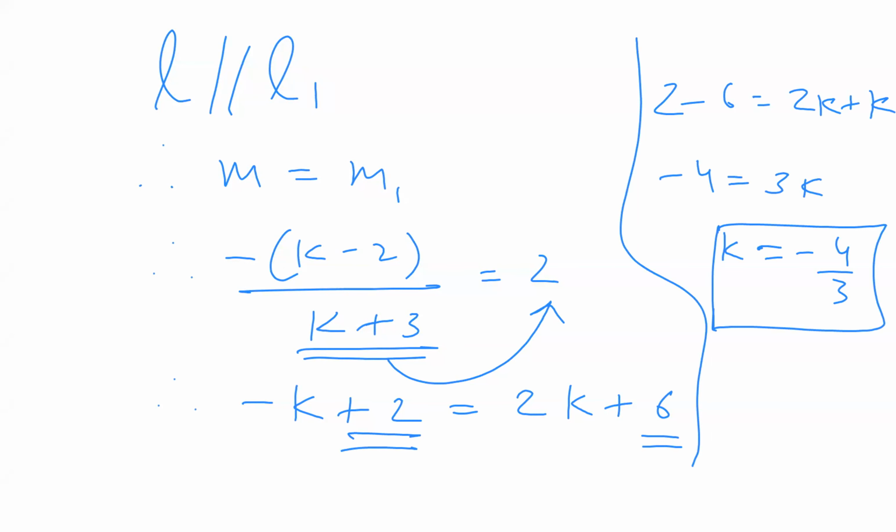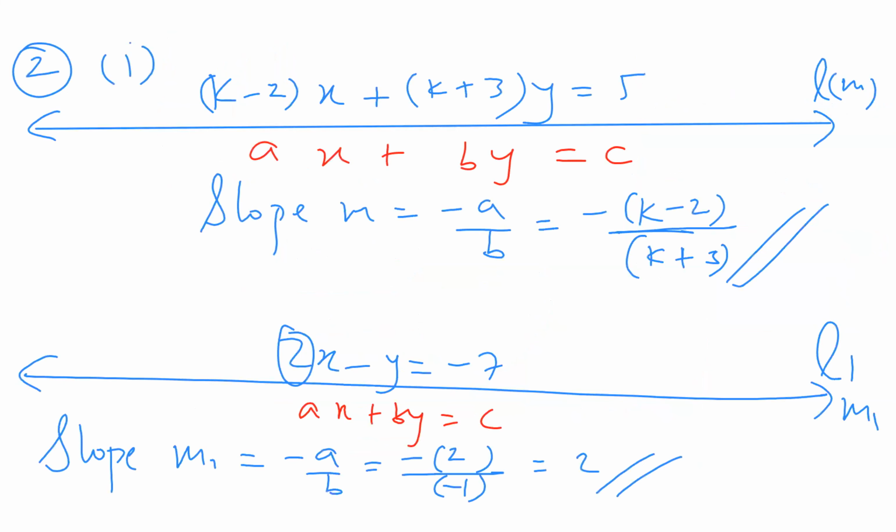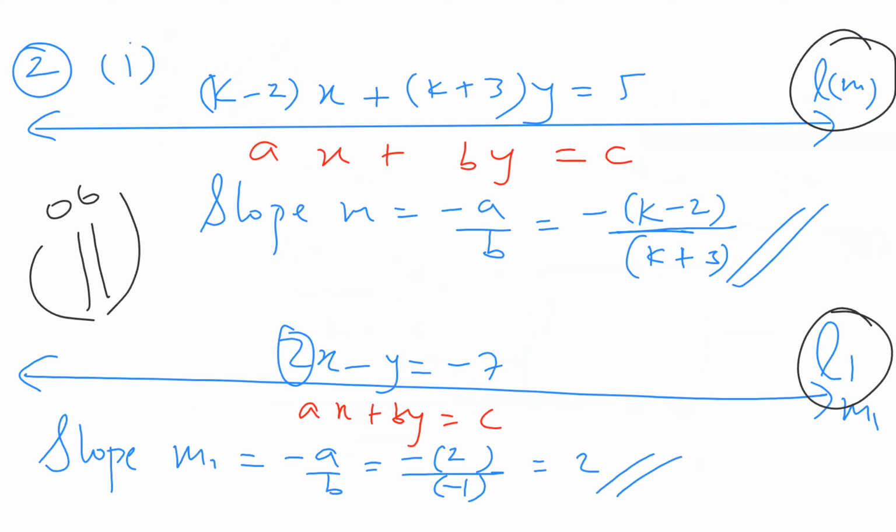Now in the second part, I'll not draw the diagram once again. In the second sub question, L and L1 are not parallel, they are perpendicular. So let's not draw a separate diagram for this, because we have all the relevant data for slope m and slope m1.